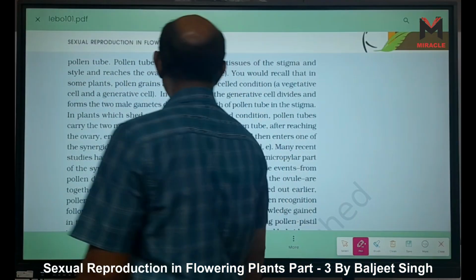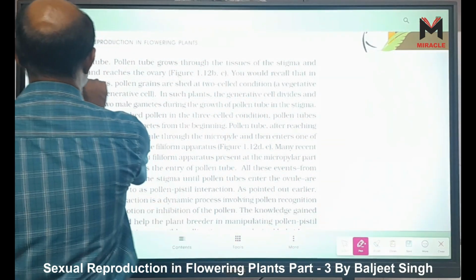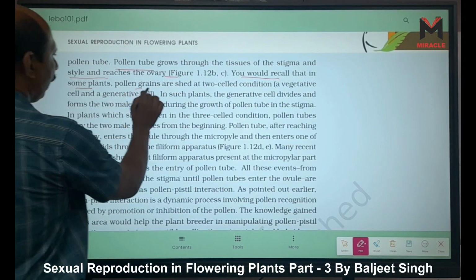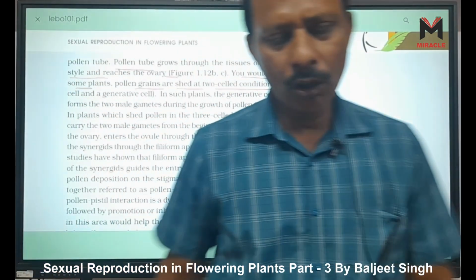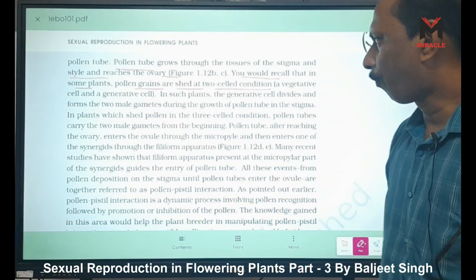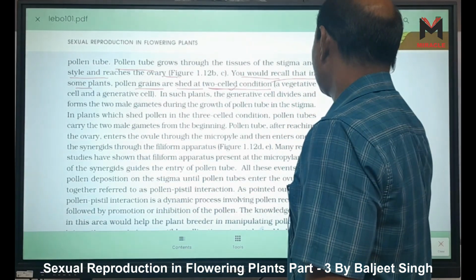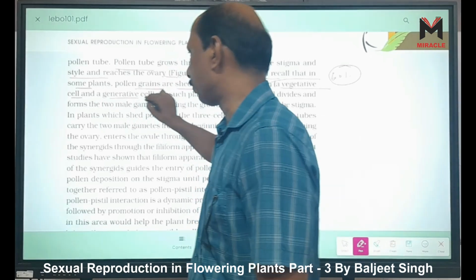The pollen tube grows through the tissues of the stigma and style and reaches the ovary, right? You would recall that in some plants, pollen grains are shed at the two-celled condition. In 60% of angiosperms, pollen grains are shed at the two-celled stage, with a vegetative cell and a generative cell, right?